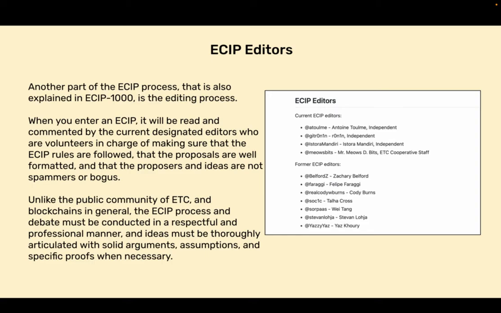Unlike the public community of ETC and blockchains in general, the ECIP process and debate must be conducted in a respectful and professional manner, and ideas must be thoroughly articulated with solid arguments, assumptions, and specific proofs when necessary.